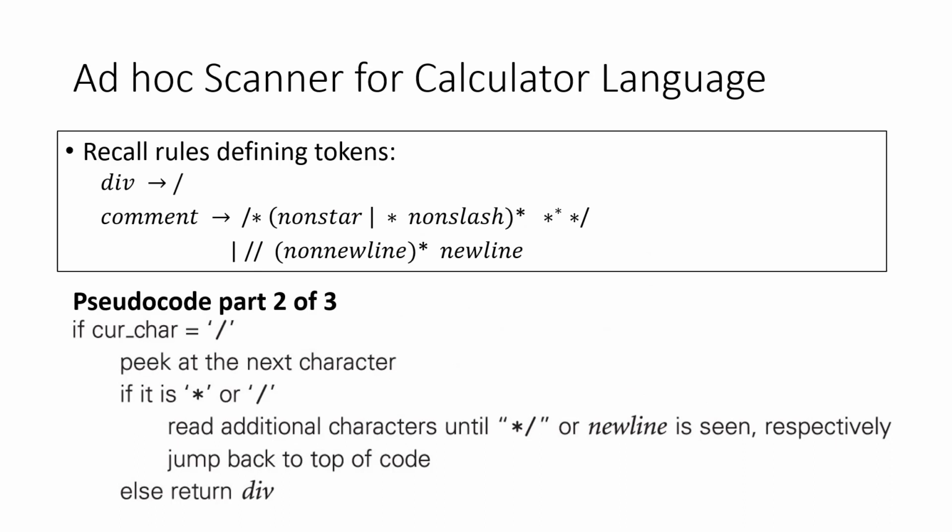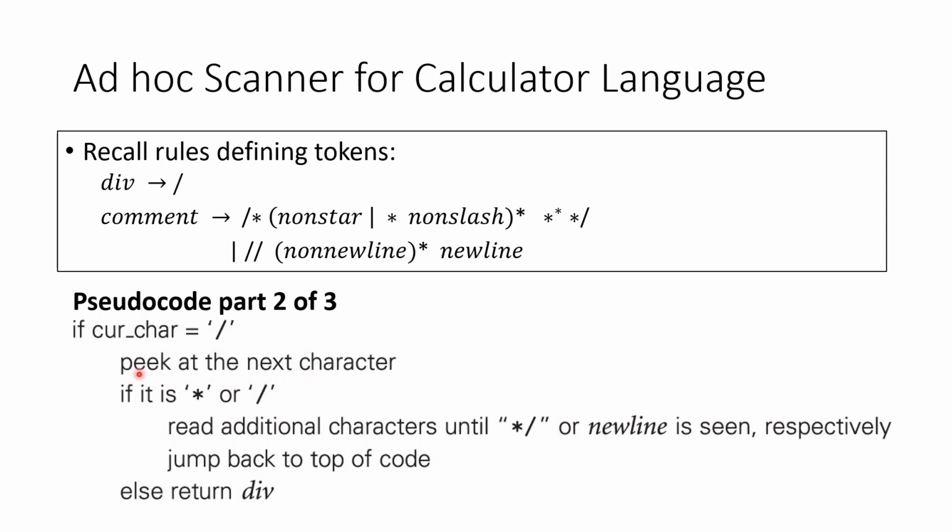This is the second part of the pseudocode of the scanner for our calculator language. This part recognizes the tokens defined in the rules for division and comment. So in this part, it checks if the current character is a forward slash. If so, then it peeks at the next character.